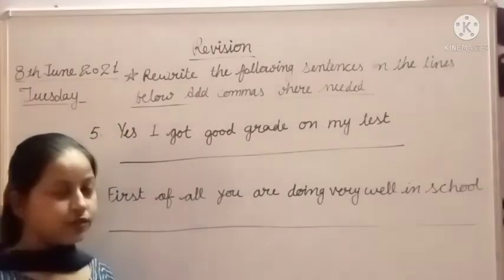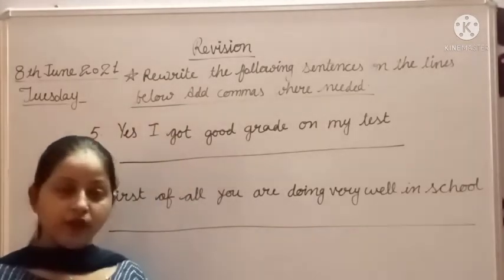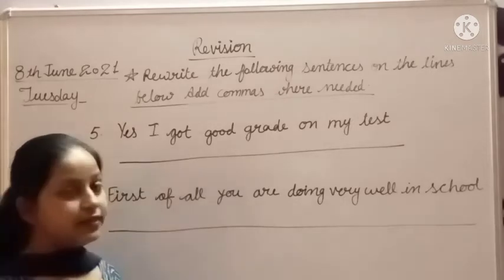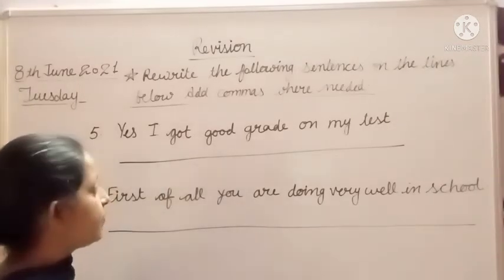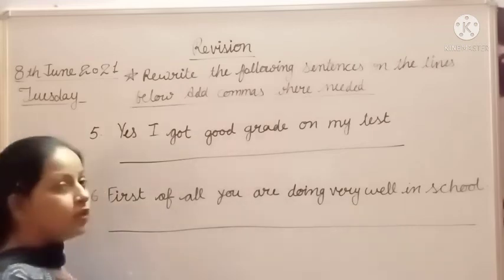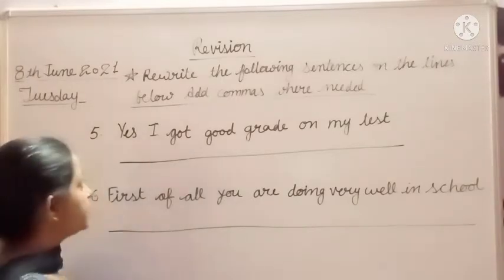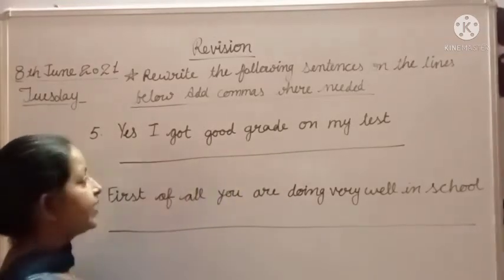There are two more sentences. We have to complete this worksheet by using the commas where needed. Okay. So students, we will read sentence 5. Yes, I got good grade on my test.